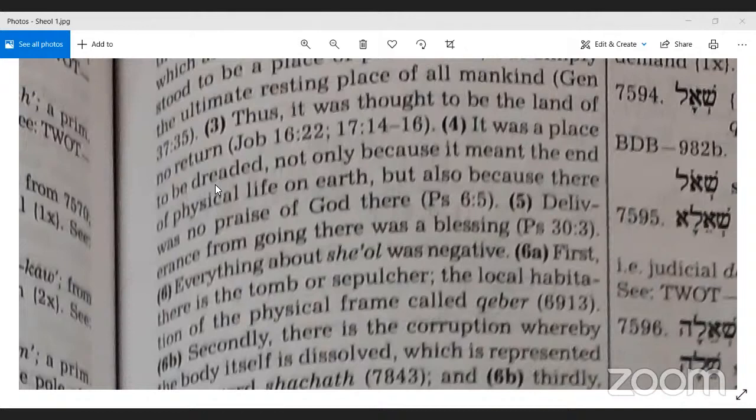Not only because it meant the end of physical life on earth. Now they said before it was what? A subterranean cavern or subterranean retreat. So that's still on earth, right? Exactly. Thus it was thought to be the land that's on earth of no return. Remember we looked up subterranean? Let's look it up again.